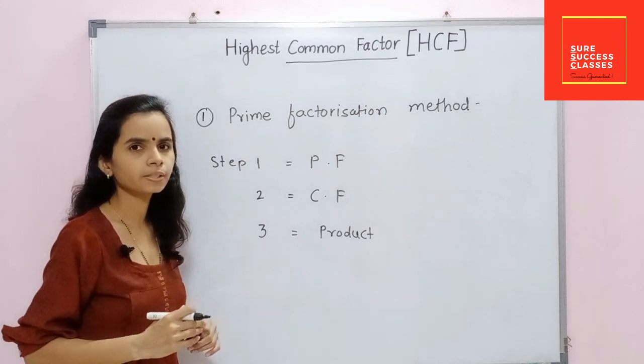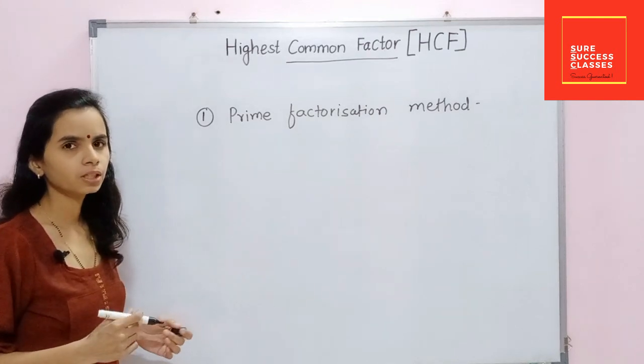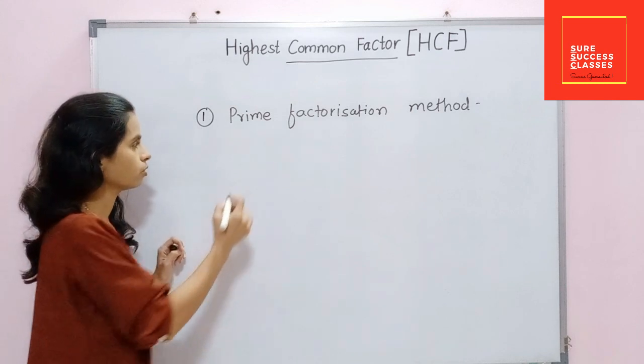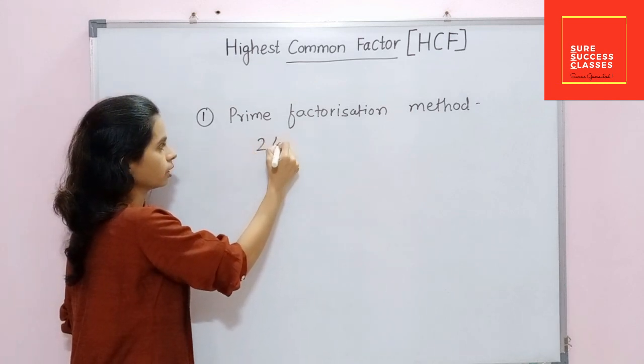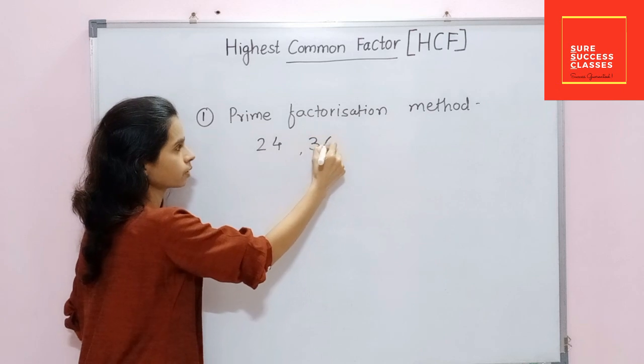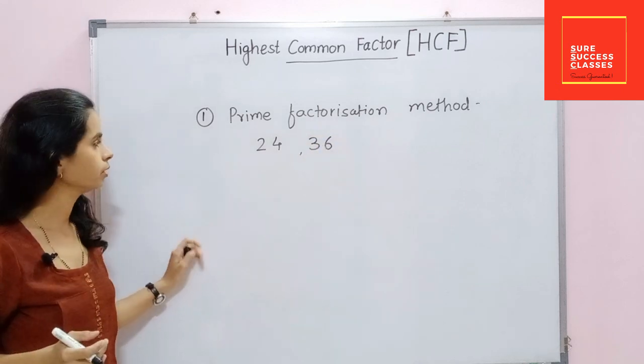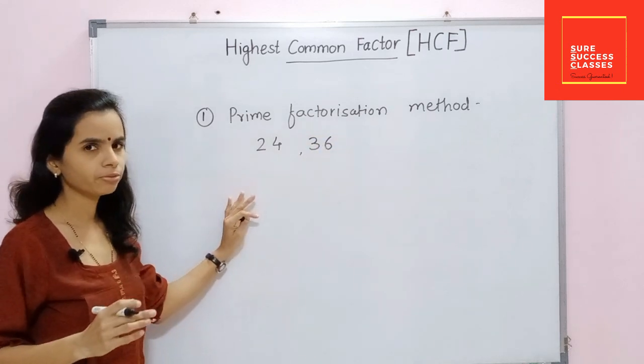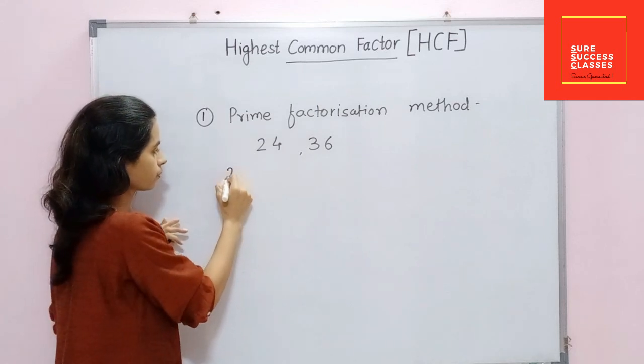Let's see through an example. If we find out the HCF of 24 and 36, in the first step, we will find out the prime factors of both the numbers.